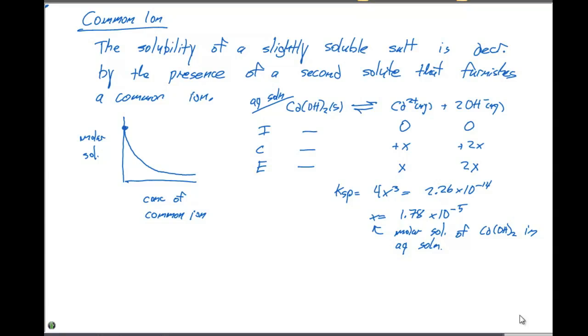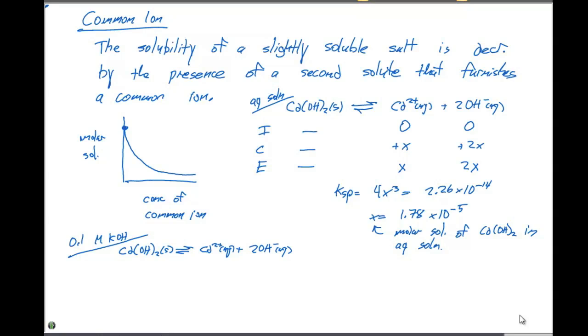So what we're going to do is compare this aqueous solution solubility to a solution that is made to be 0.1 molar potassium hydroxide. This means we have a concentration of 0.1 molar of hydroxide ion when we analyze this equilibrium expression. So again, we write out the Cd(OH)2 solid in equilibrium with cadmium 2 plus ions plus 2 OH minus ions.